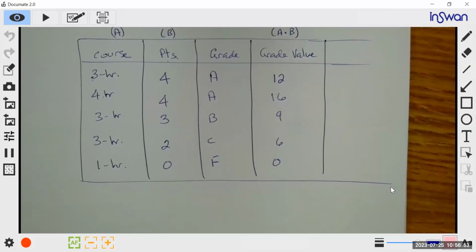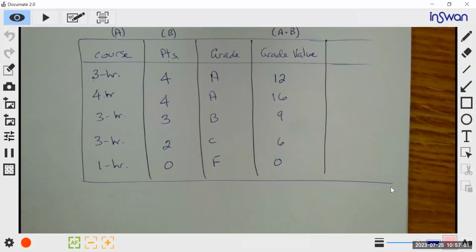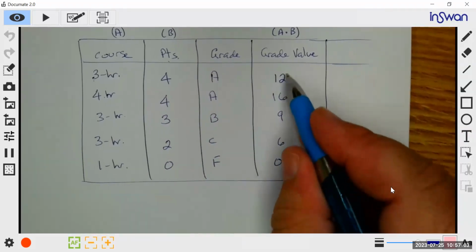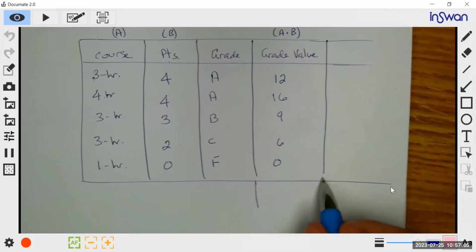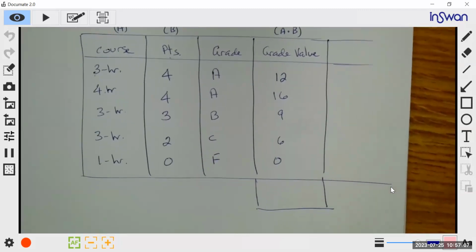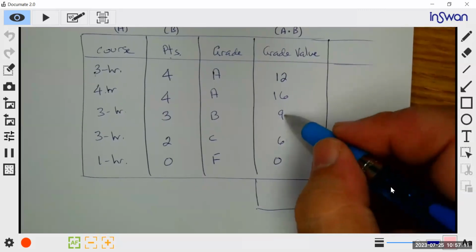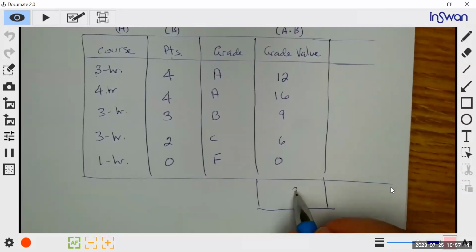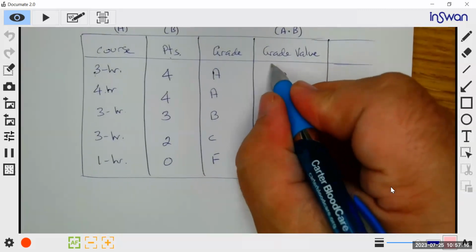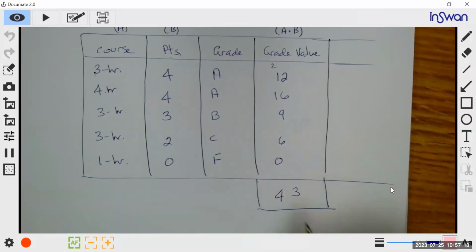Now what do you do? You're finding the average of all the grades, so add up all these. That's 43 points.